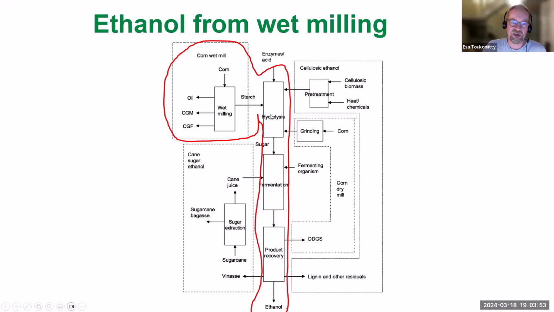So you end up doing hydrolysis, fermentation, product recovery, and distillation. So there are already quite many steps. And in some of these you add pre-treatment steps in between, which might not be only one, but there can be 2 or 3 steps in reality.